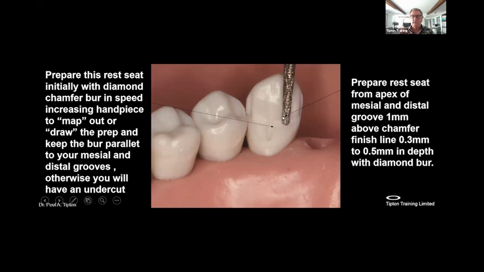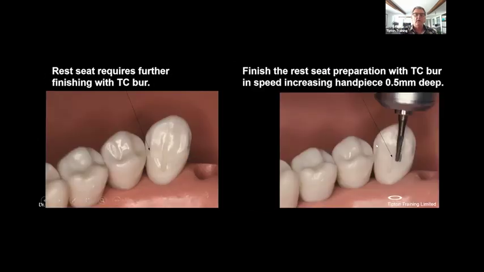Once you've got those lines, you can change for a tungsten carbide and now make that very thin, small little feature into a nice sharp 90-degree angle. But again, all of these are done with the speed increasing, where you've got more control. So we draw and map it out, and then we go around with a tungsten carbide. So here's my initial drawing out, and then with the tungsten carbide to make it sharp.